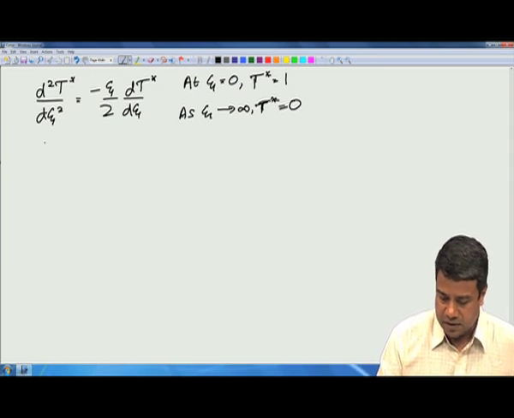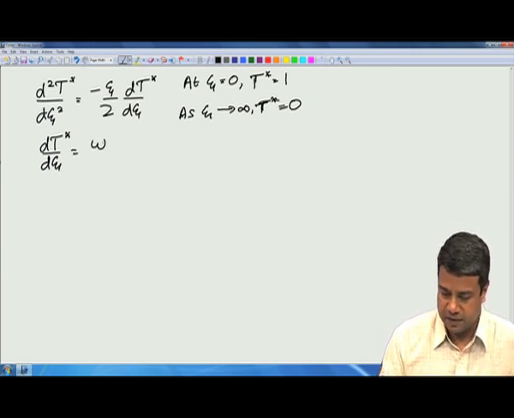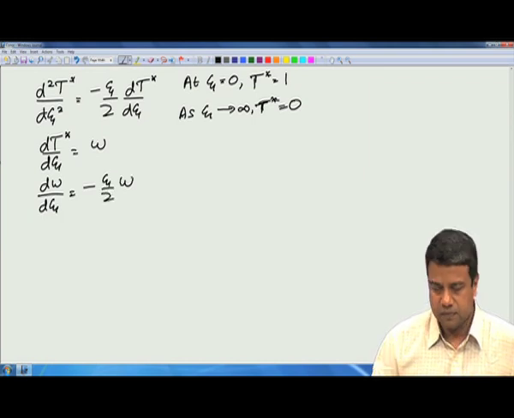You just write dT by d psi is equal to some parameter w, the derivative. Therefore, dw by d psi is equal to minus psi by 2 w.